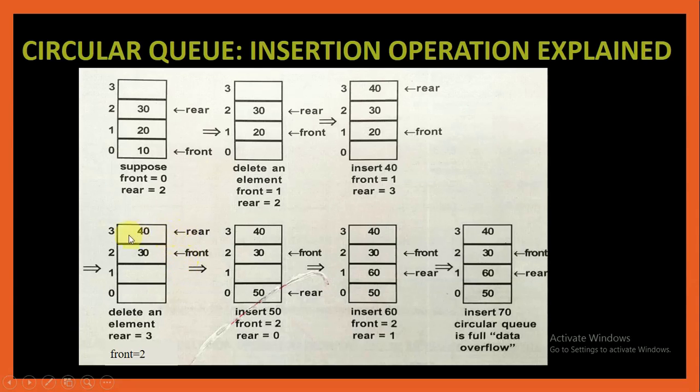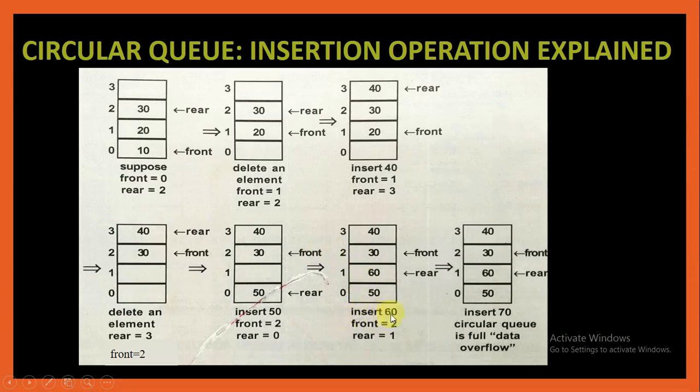You can see here rear is at 3, which is the end of the queue. Insertion of one more element will make rear equal to 0, so my new element will be inserted here. When my rear reaches the end of the queue, insertion of one more element makes rear equal to 0 and my front will remain the same.